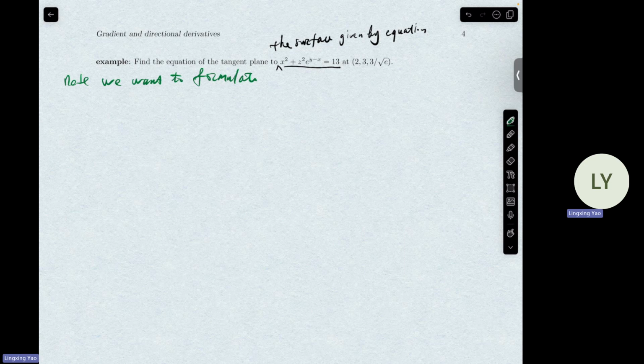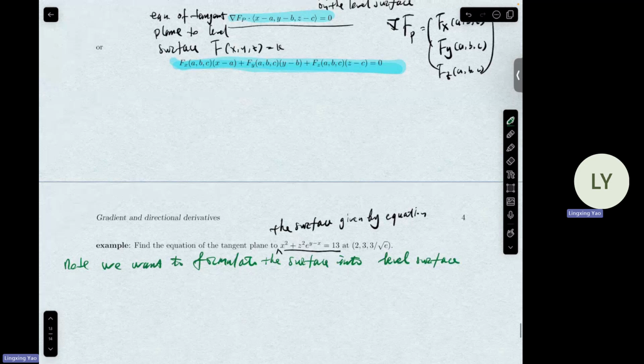This is because it's hard to tell what kind of function will give this surface. So we want to formulate this surface into a level surface, so we can use the information we got here to write down the equation of the tangent plane.